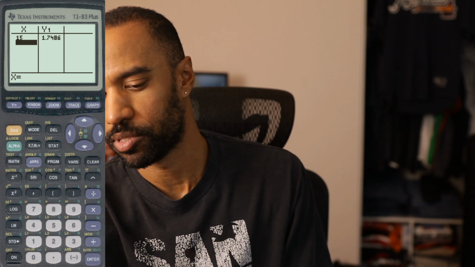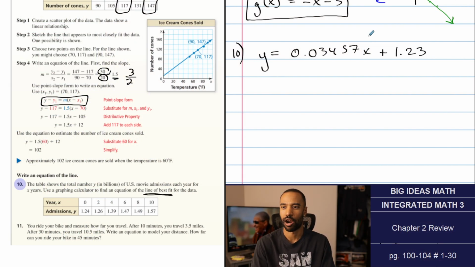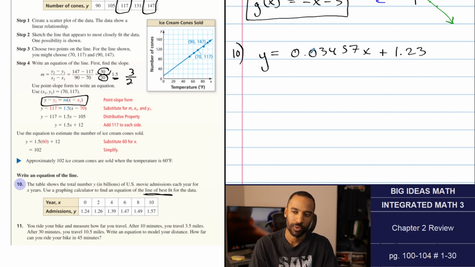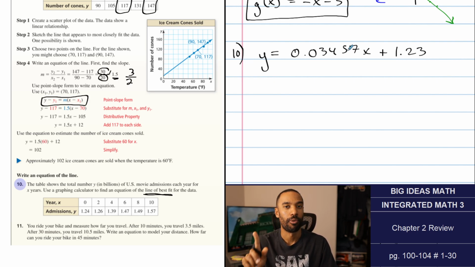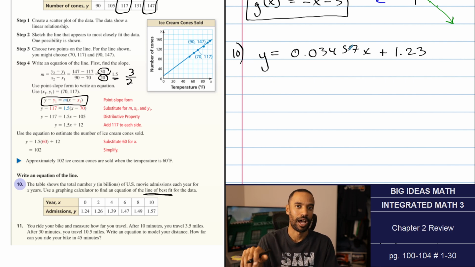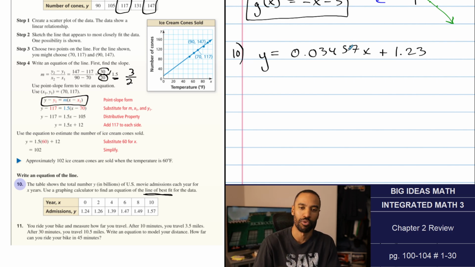You could also do things like interpret the slope and y-intercept. Now, the slope of this will be kind of harder to say because it's in billions, but every year you're increasing about 34.5 million people every year in average movie admissions.